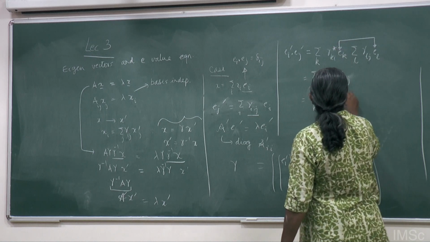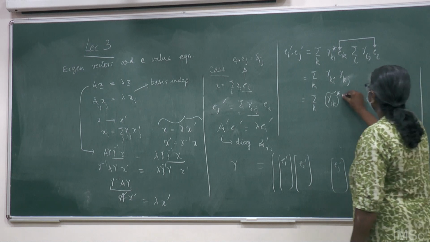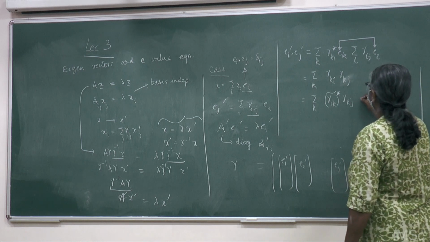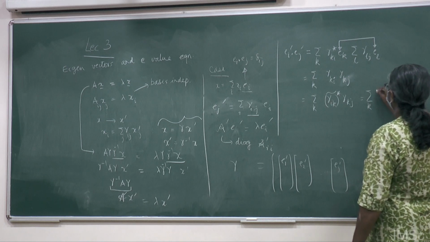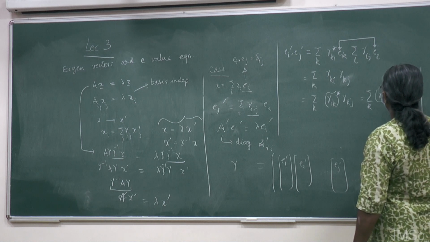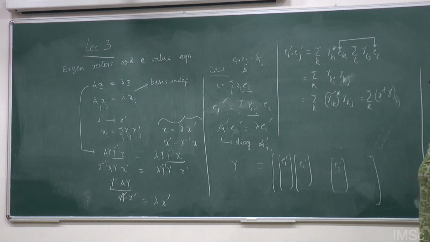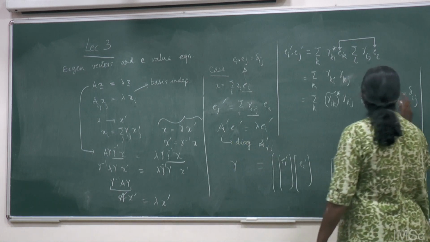So I have a conjugate transpose, which is the dagger, gamma kj. That is the ij-th element of gamma dagger gamma. Because in the first class I showed you that gamma was orthogonal. So if Ei dot Ej was delta ij, then Ei prime dot Ej prime is also delta ij.